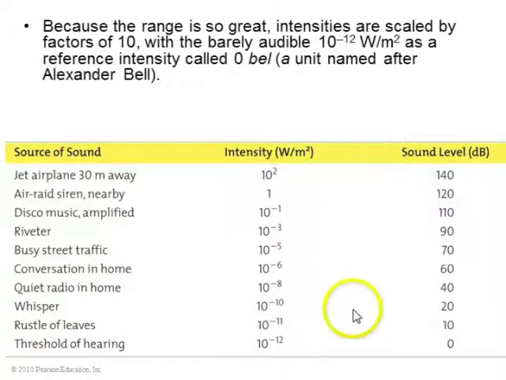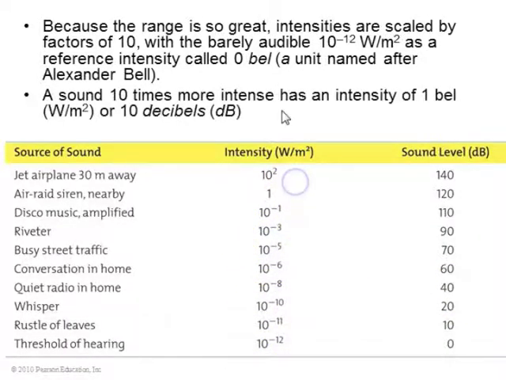Because of this big range, the scale we use for sound intensity is a logarithmic scale, meaning that as you go up each additive step of 10 decibels, you're multiplying the actual intensity in watts per meter squared by a factor of 10.